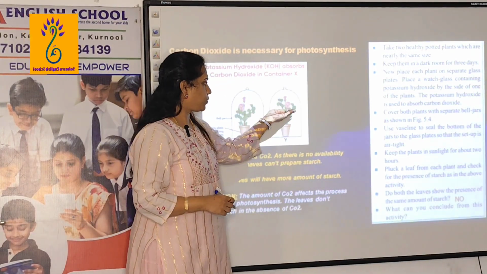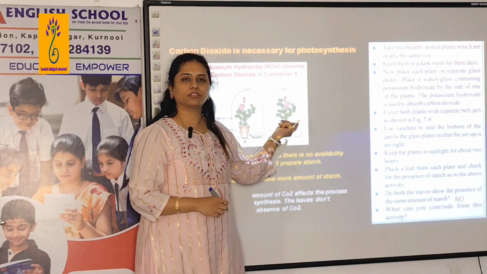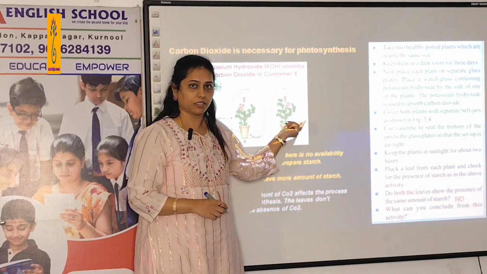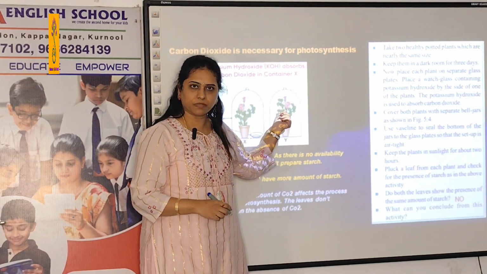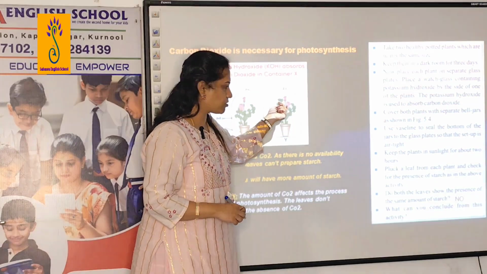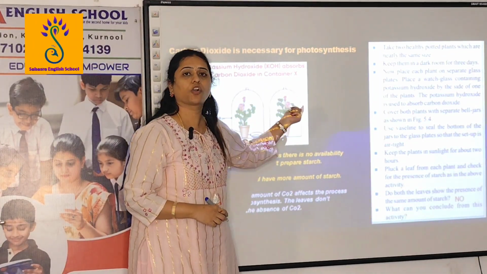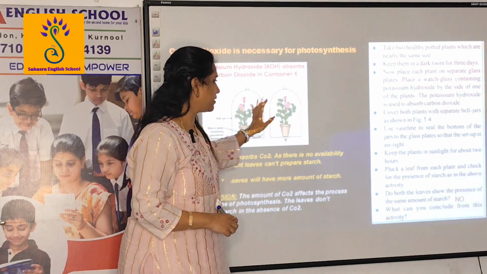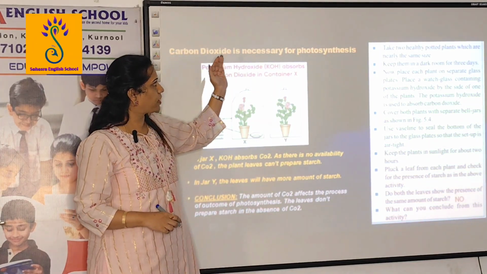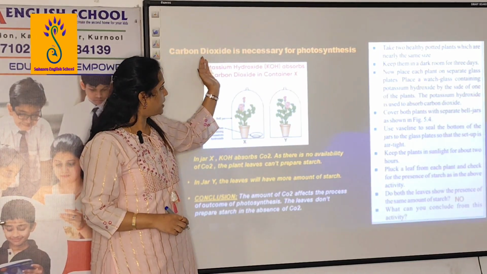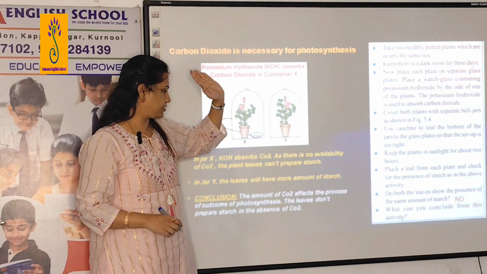While this leaf turns dark blue in color. That means starch is prepared here, utilizing carbon dioxide. Got it? This shows the importance of carbon dioxide for photosynthesis.